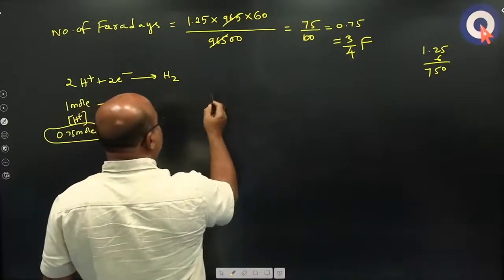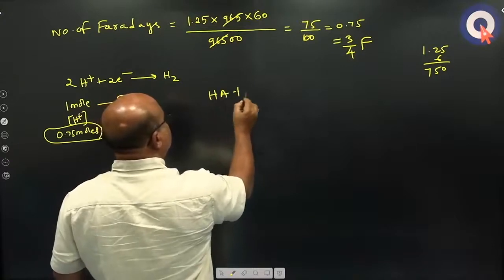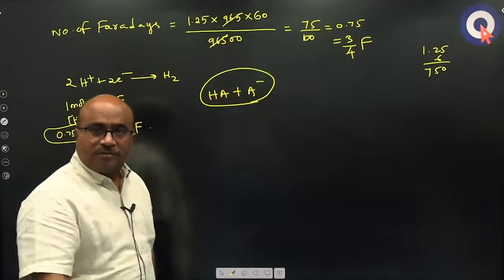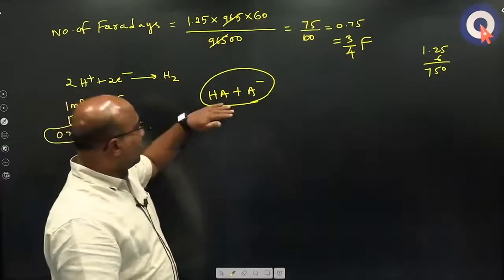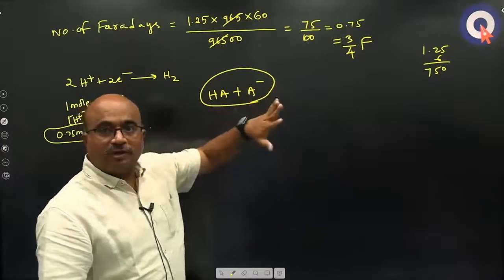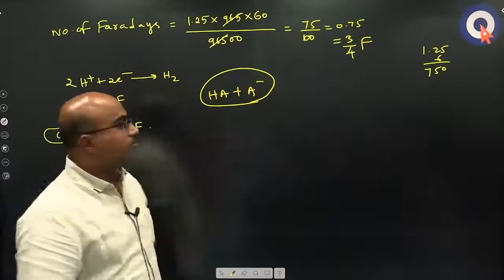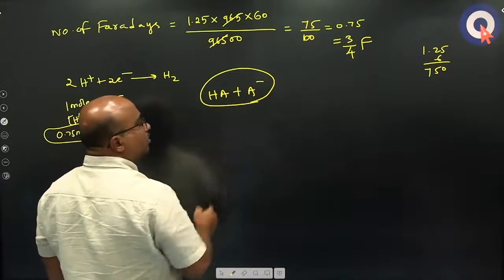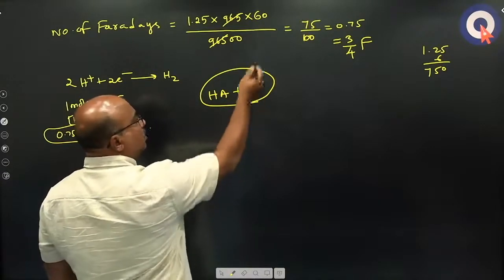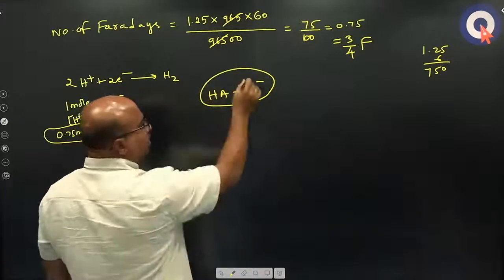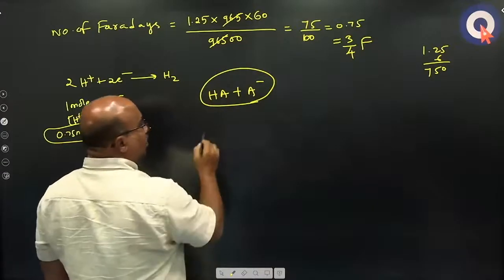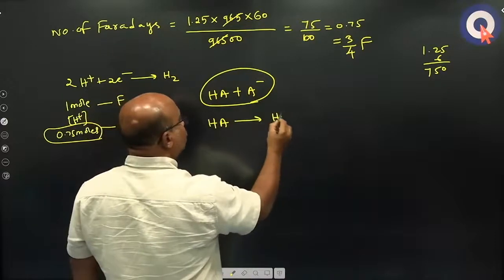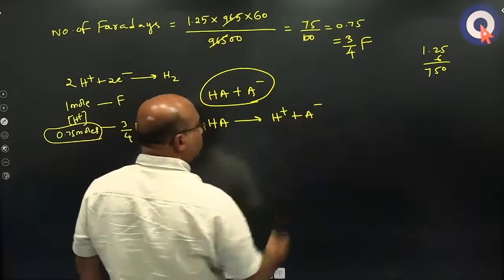Suppose you take a buffer, normally HA plus A minus is a buffer. There is a weak acid and its conjugate base that exists in a buffer. So when H plus concentration is decreasing, what will happen? The salt concentration will increase. So let us say HA is converted into H plus and A minus.